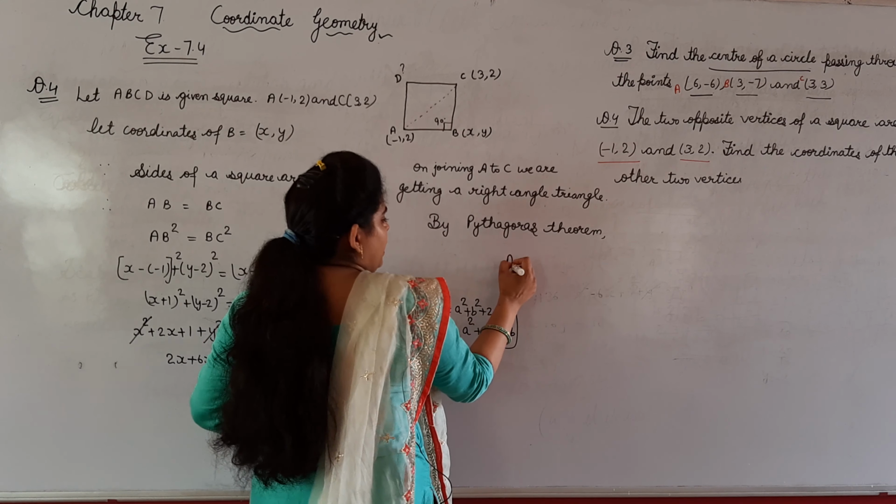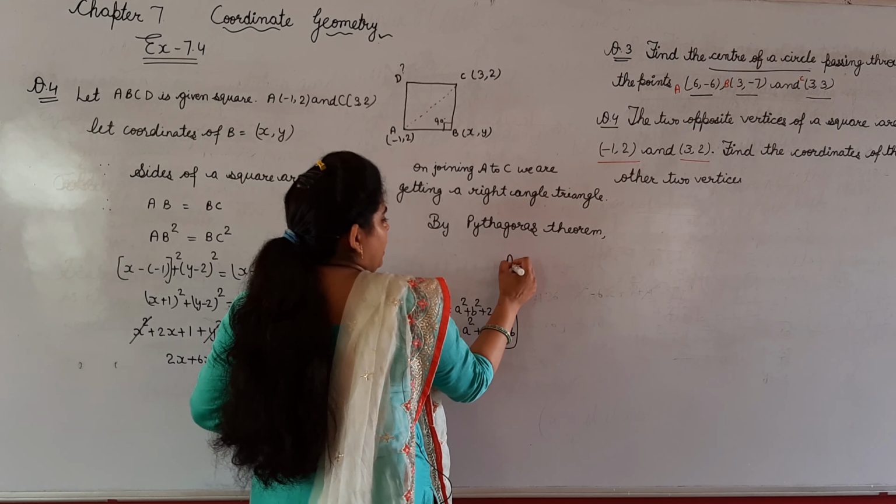From here x square plus 2x plus 1 plus y square minus 4y plus 4 plus x square minus 6x plus 9 plus y square minus 4y plus 4.